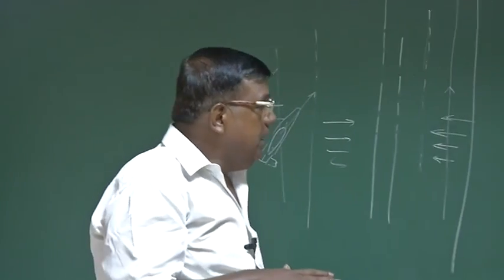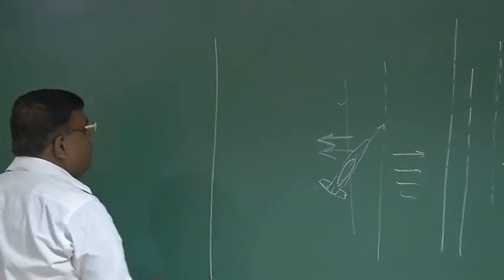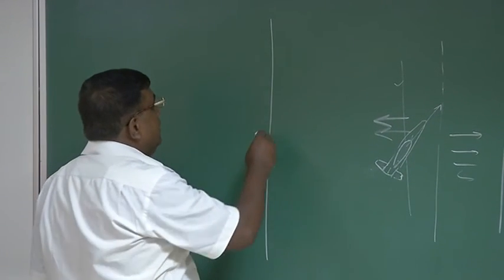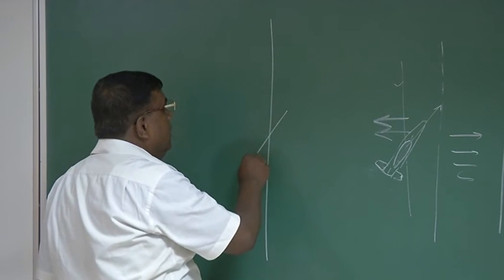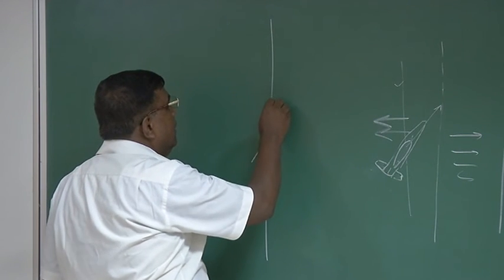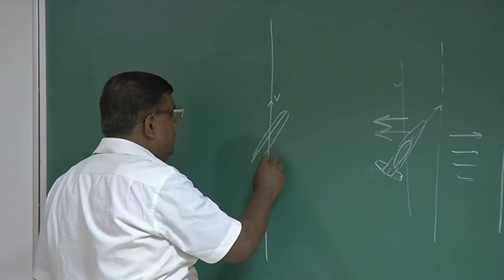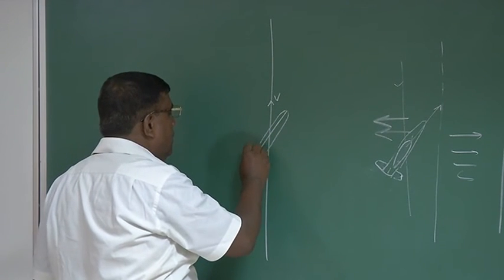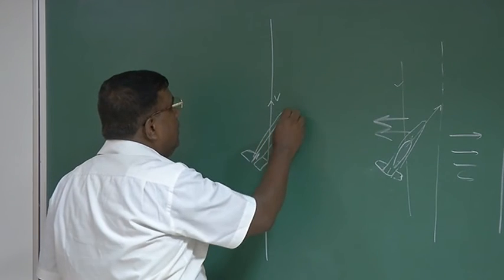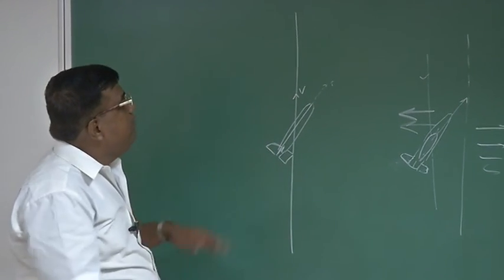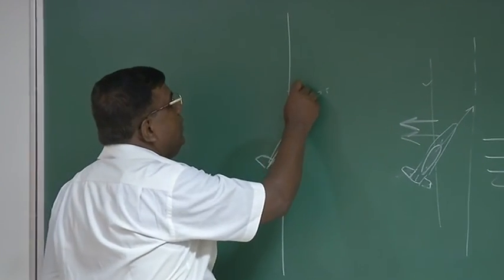That is, if this is the line where I'm going to land, let me draw it. I'll be actually flying with a side slip condition. We call it side slip condition.